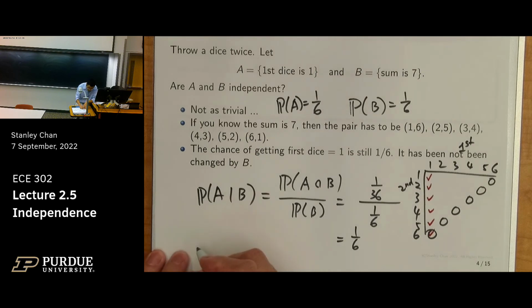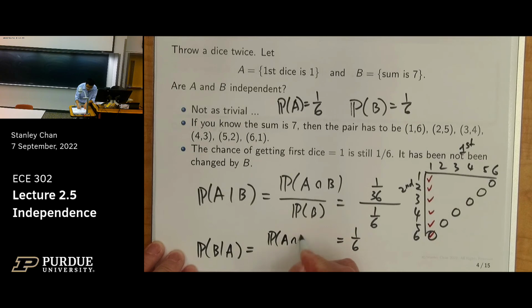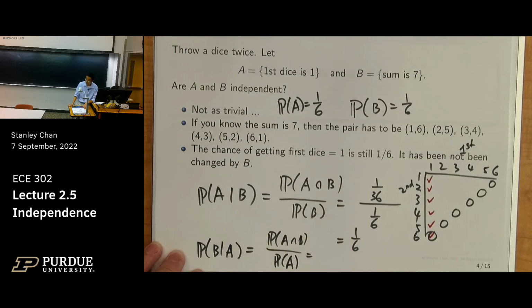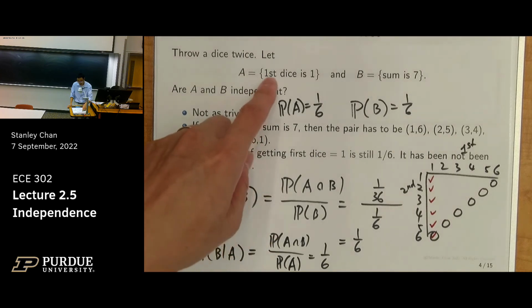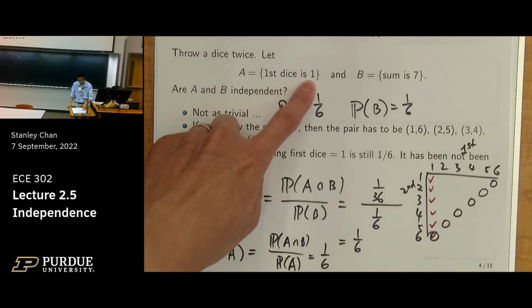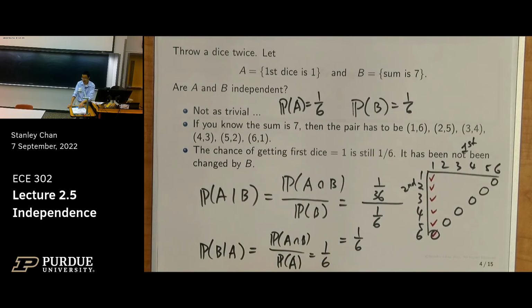In fact, you can also check that the probability of B given A is going to be A intersect B divided by the probability of A. This is also 1/6. Meaning that if A has happened, if I know that the first die is 1, the probability of getting sum equals 7 is 1/6.